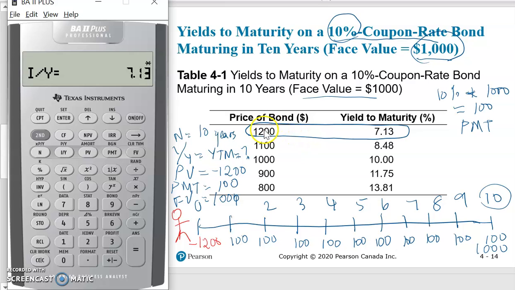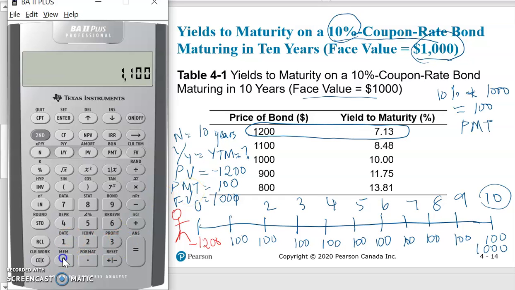Now let's look at the second question where we have $1,100, which is the price of the bond, to calculate the yield to maturity of this bond. Now that we have the calculator set with all the other values remaining the same, all we need to do is to change the price of the bond. So right now I'm paying $1,100 instead of $1,200.